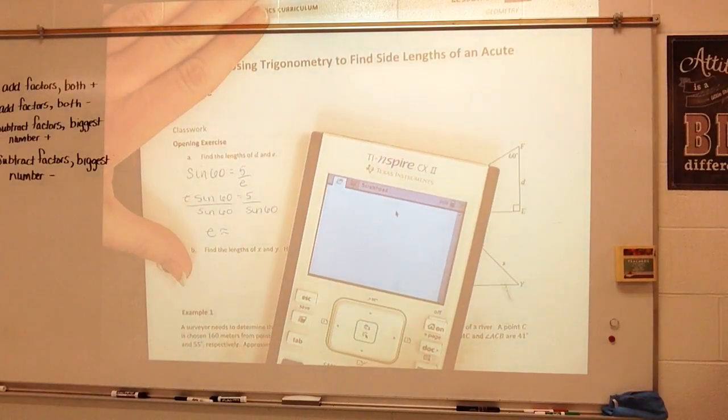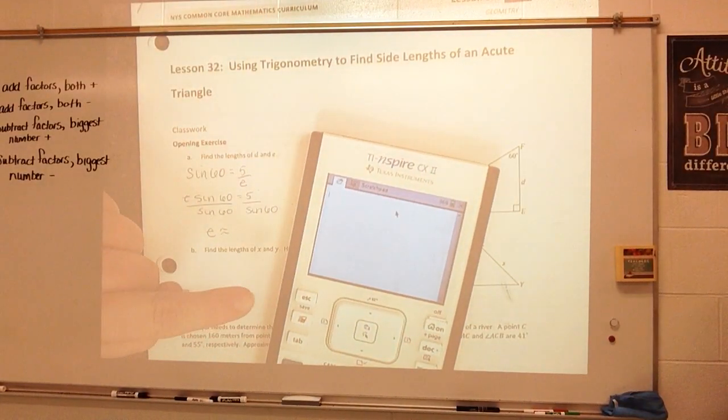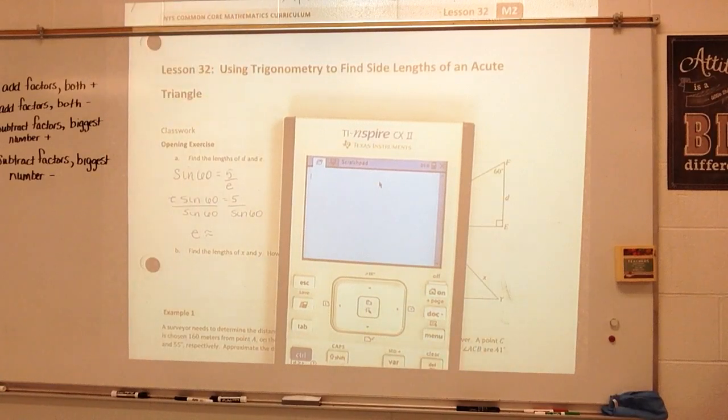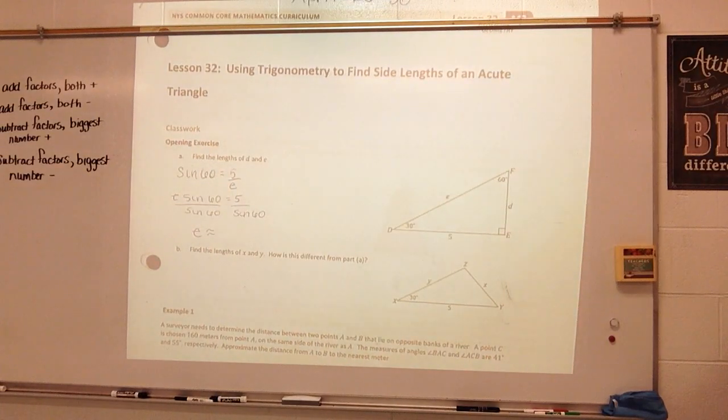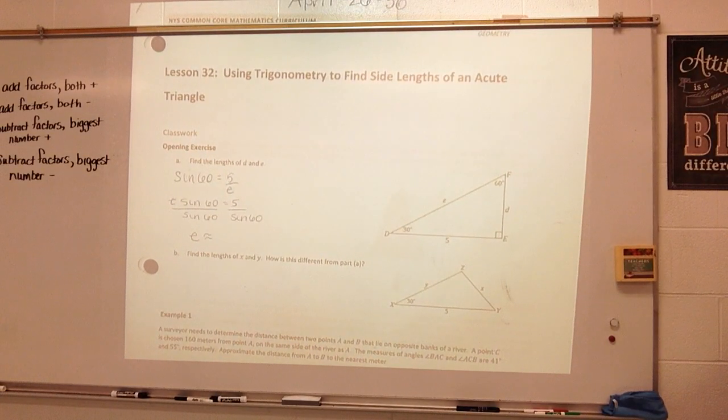Remember, if you have a scientific calculator, use it; if not, turn your cell phone sideways and it should give you a calculator. So I have 5 divided by the sine of 60, which gives me approximately 5.7735.